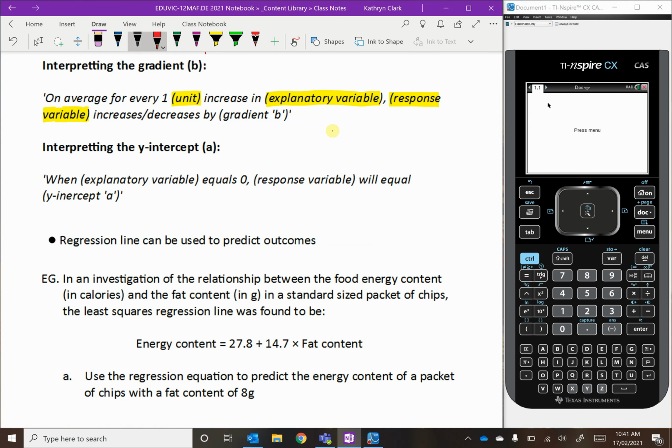And then we should have units on the end there as well. So on average, for every 1 unit increase in the explanatory variable, the response variable will either increase or decrease. You have to pick one depending on if it is positive. So increase if it's positive, decrease if it's negative, by the gradient units.